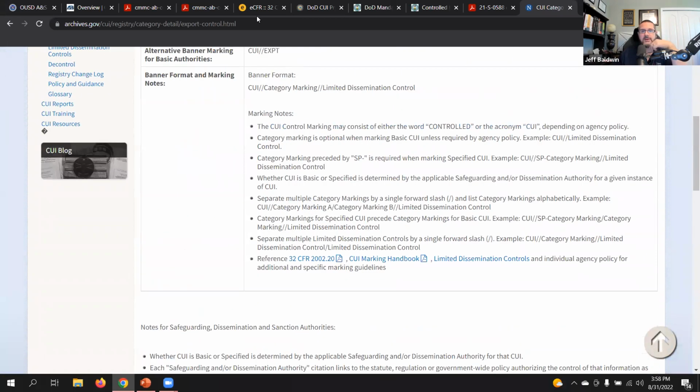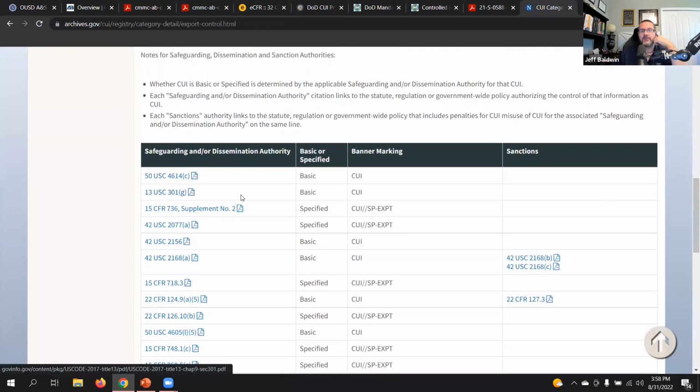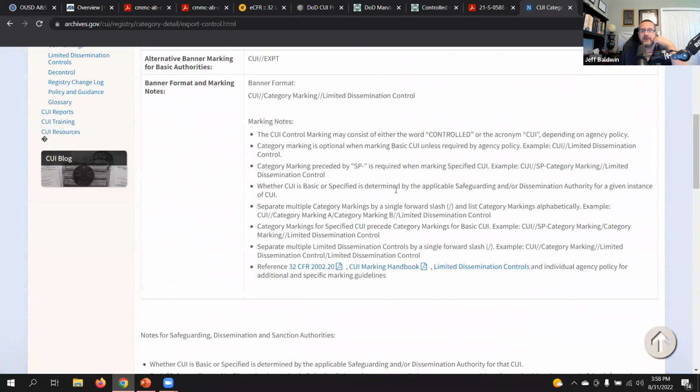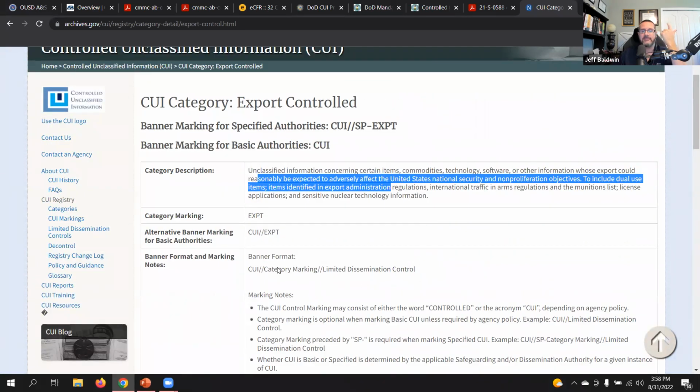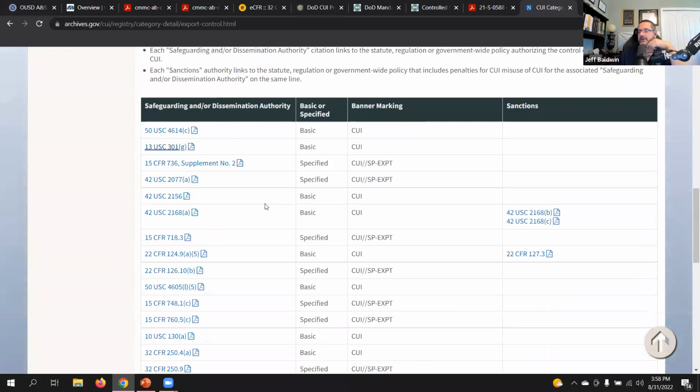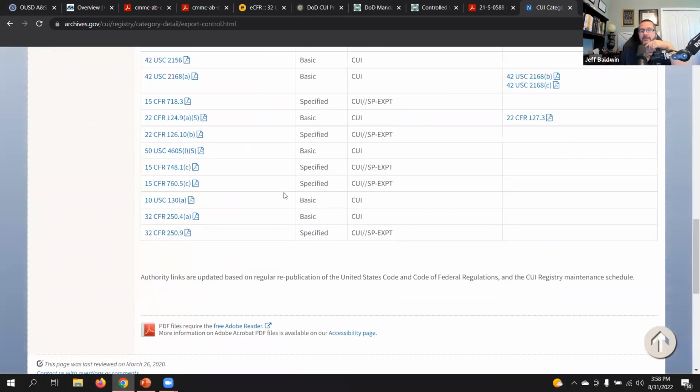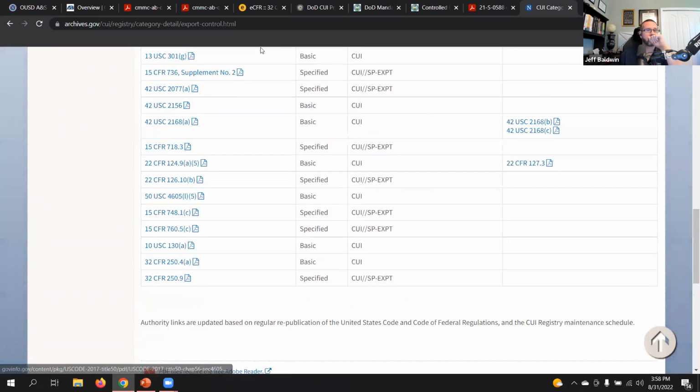Again, that's beyond the scope of CCP, but since I was there, that's something I've noticed a lot of people don't quite understand. They just read this and they go, oh, I'm done. And then they forget all about the dissemination authorities. So this is where the legal authority of why there are dissemination controls comes from.